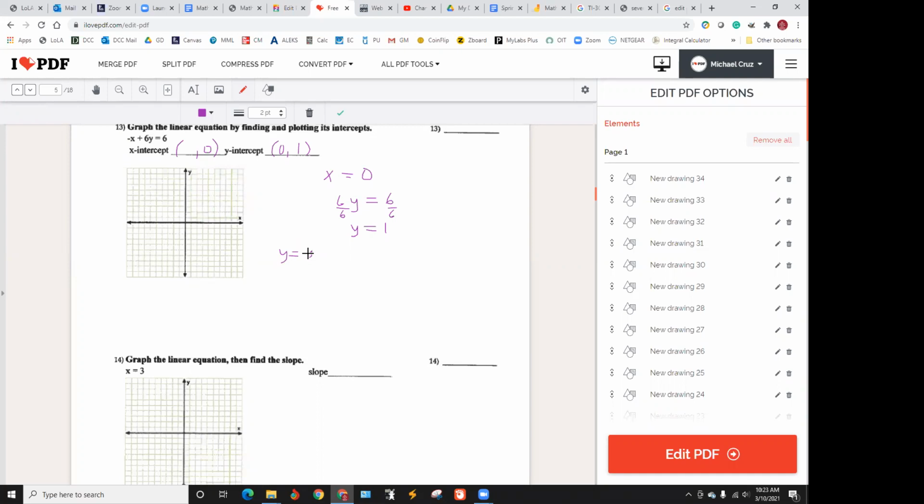And that's going to tell us our x-intercept. So this is going to be gone, all right? And you're just going to have negative x is equal to 6. And again, since this is negative, then we essentially just change the sign of both, which is x is equal to negative 6.